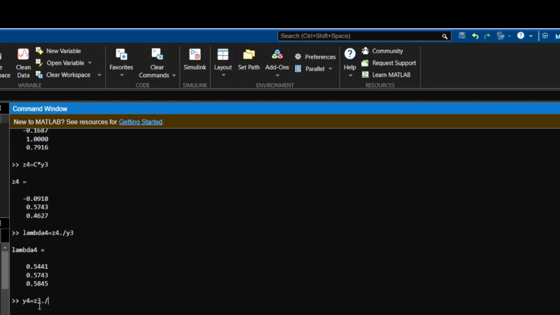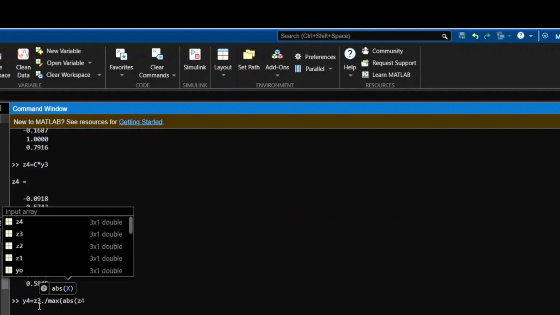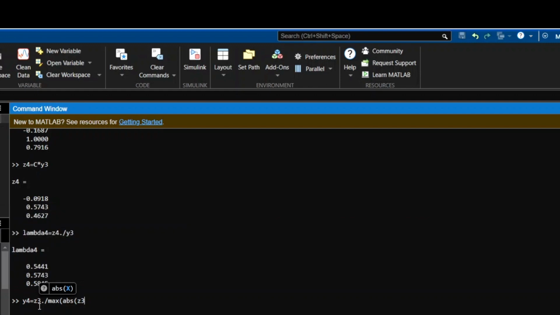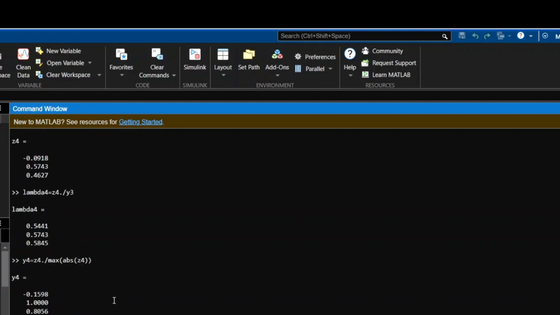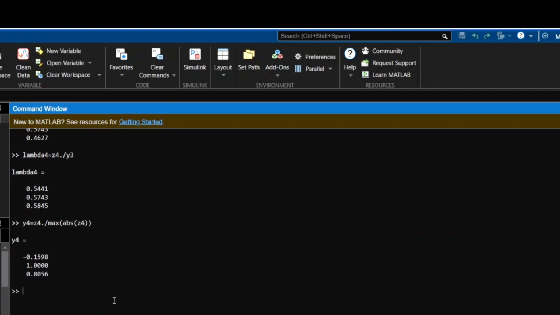Z3 divided by maximum absolute value of Z3, sorry, Z4. It is Z4 actually. It will be Z4 divided by maximum absolute value of Z4. So this is our Y4.